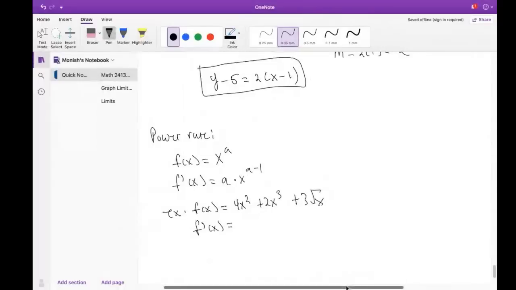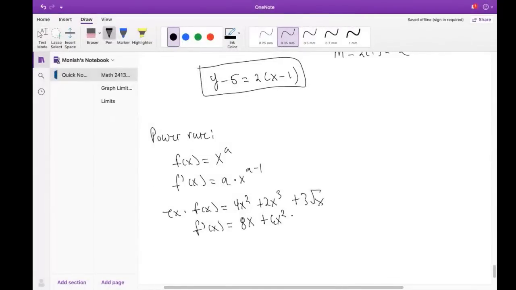Yeah, 8x plus 6x squared for the first part, and then what about the 3 square root of x? What would that be? Yeah, 3 over 2, exactly.